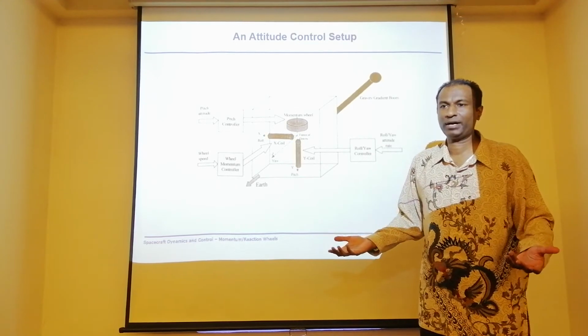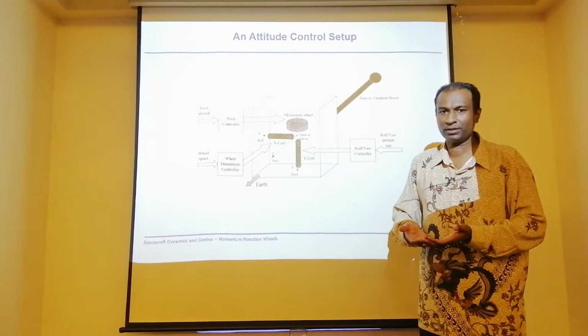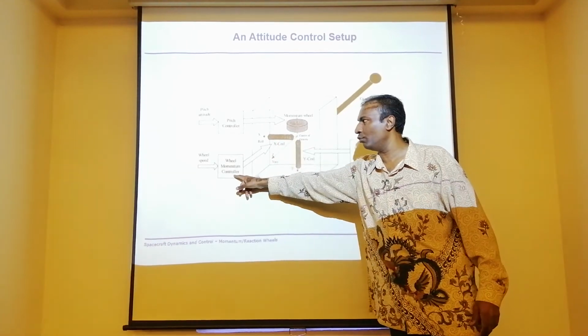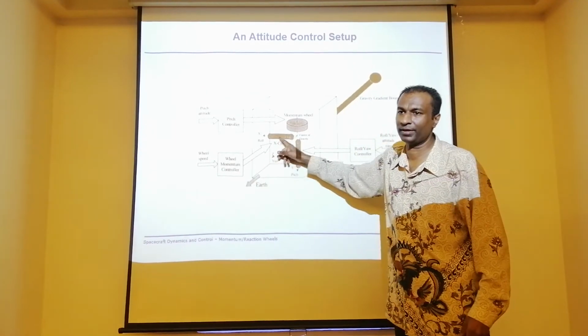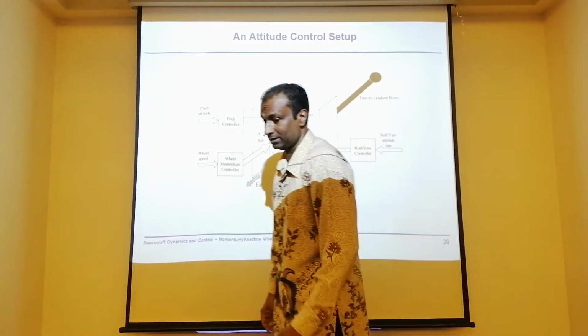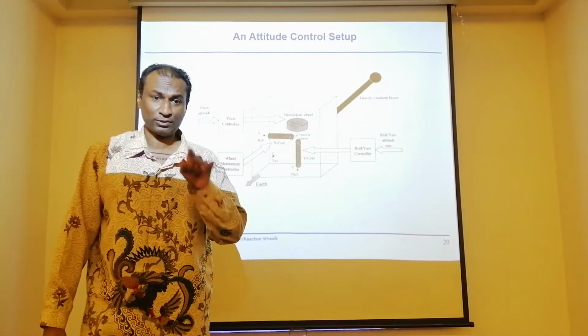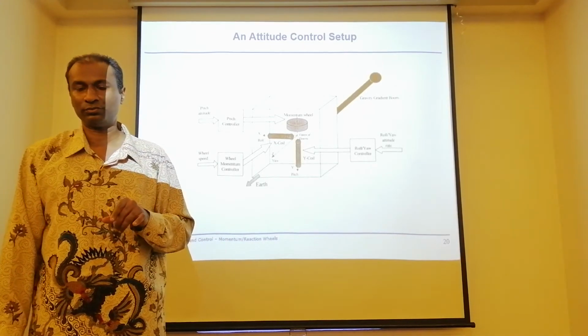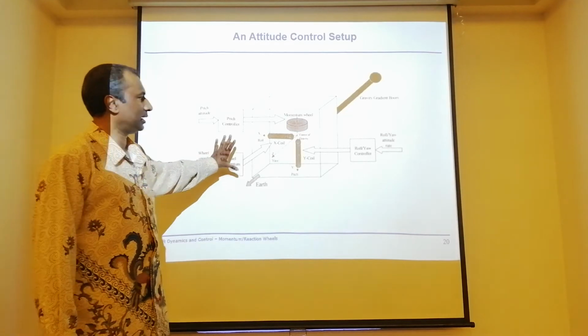So I need to brake this wheel. I need to have another torque which takes care of that wheel momentum. This is a complete satellite which gives you a solution using all those devices that I've introduced to you. Complete.